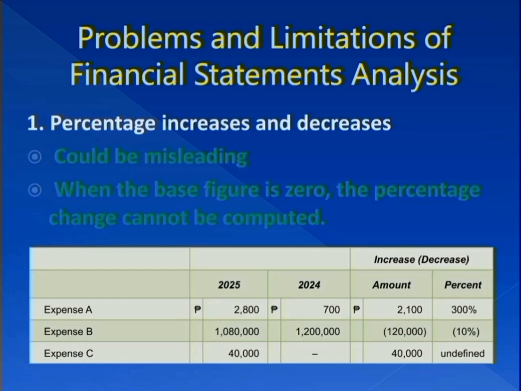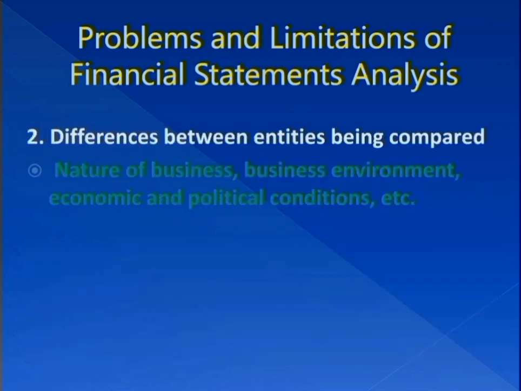Analysts must also be mindful of the differences that exist between entities that they are trying to compare. A ratio that is acceptable to one company may not be acceptable to another, considering such factors as the nature of business, the business environment, and the economic and political conditions where the companies are located.